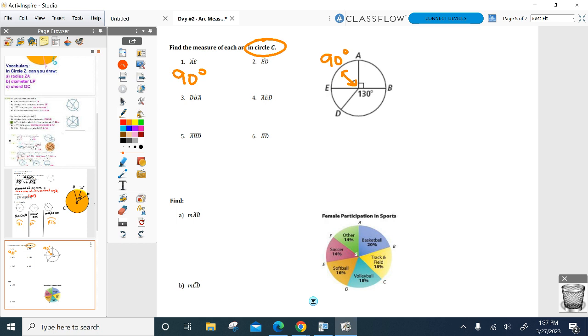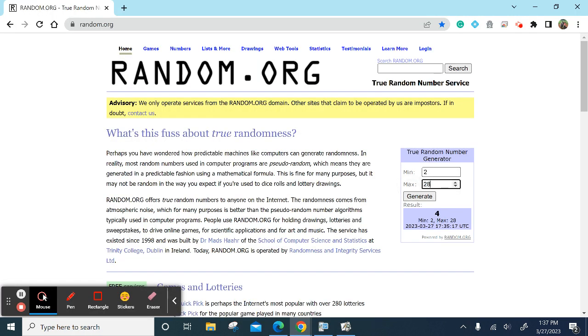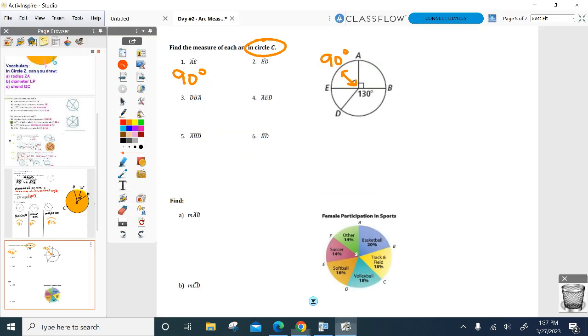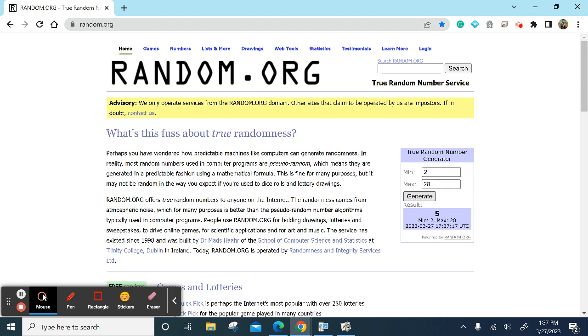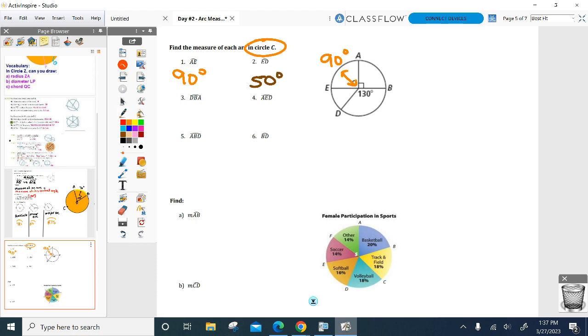Hey, what do you have here? Number 2, length of arc ED. What do you got for me? 50. DBA, arc DBA. 160. 220. Yeah. Arc AED.